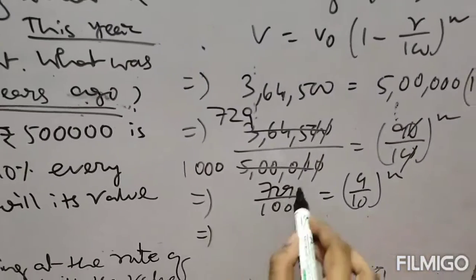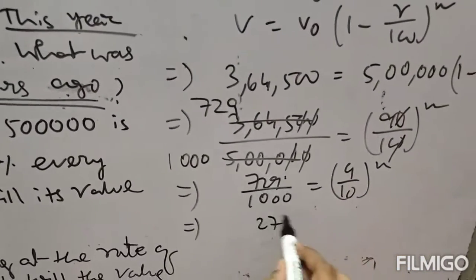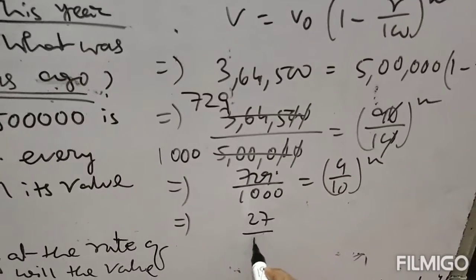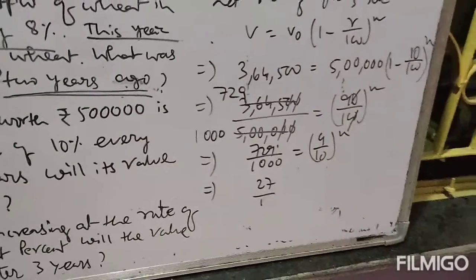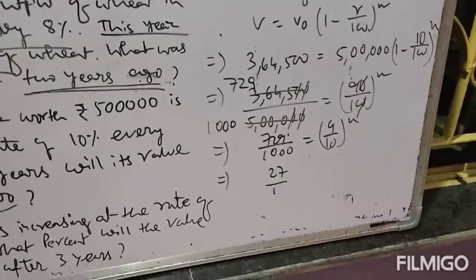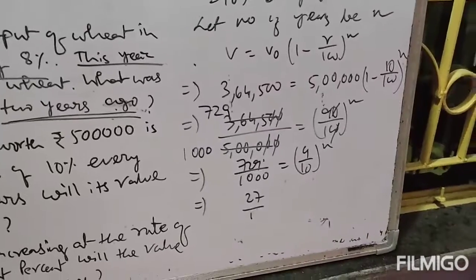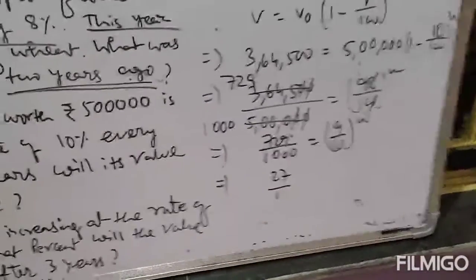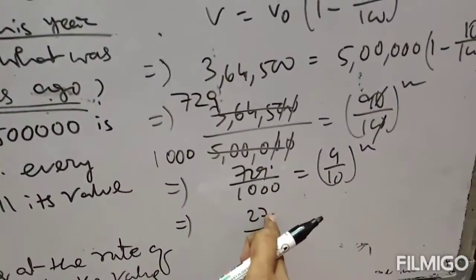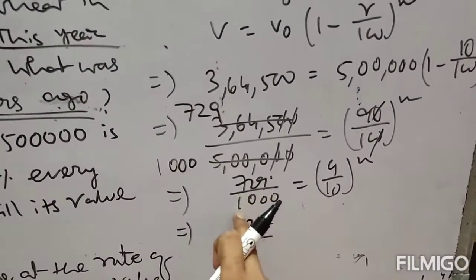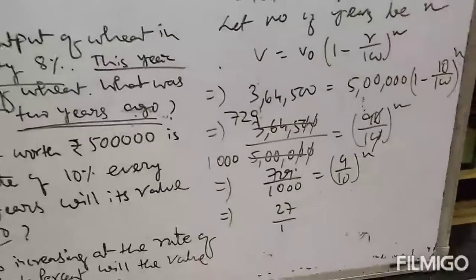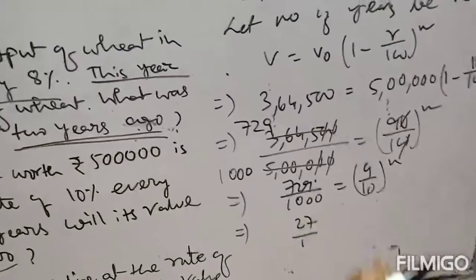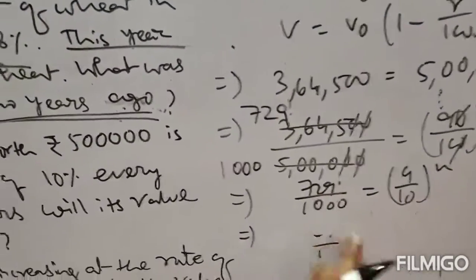Clearly we know that 729 is 27 square, but 1000 is not a square number, so we cannot use 27 square for 729.